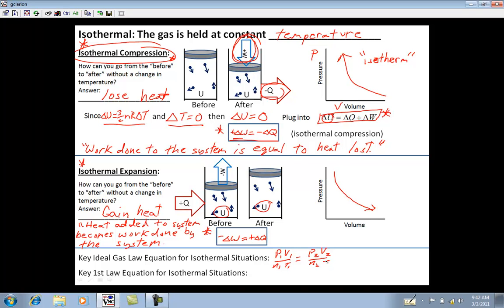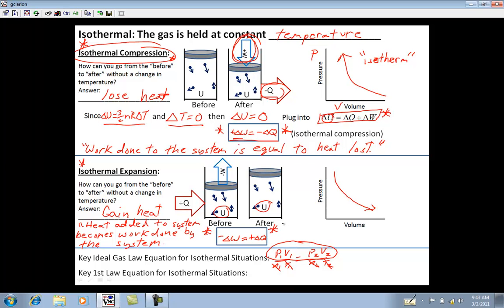In the isothermal situation, what can I get rid of in this equation? I can get rid of the temperatures. And if we assume that the number of moles are going to remain the same, what else? The Ns. So in an isothermal situation, when you're solving these problems, your gas law equation is going to just be this part of it. Now, the key ideal gas law equation for isothermal situations is basically these two.